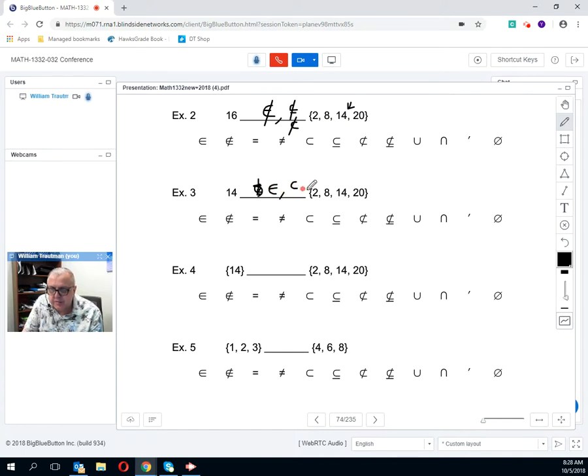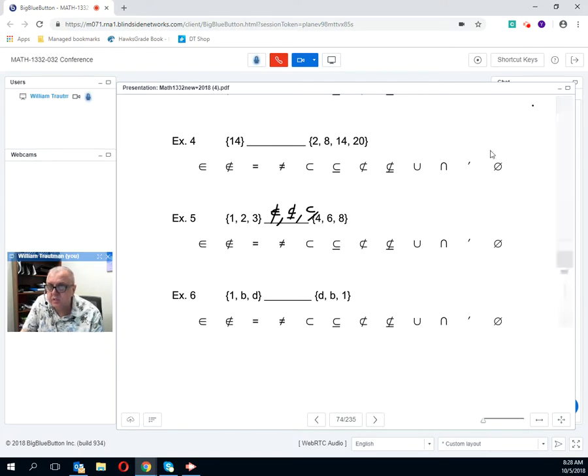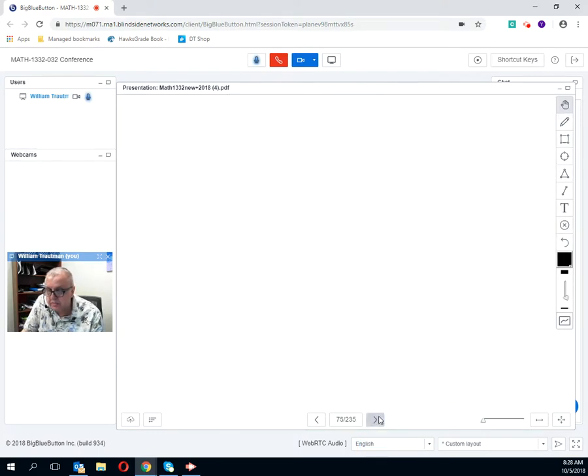It's a subset of this set, and it's a proper subset. 1, 2, 3 is not an element. It's not a subset. It's not a proper subset. And so on and so on. So I think that's all we wanted to look at there. Let's keep going. Next page.